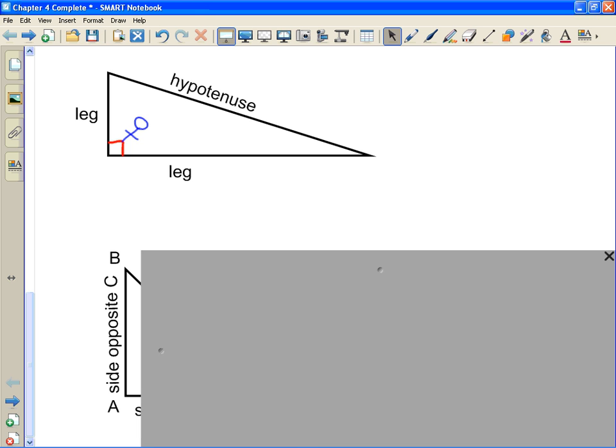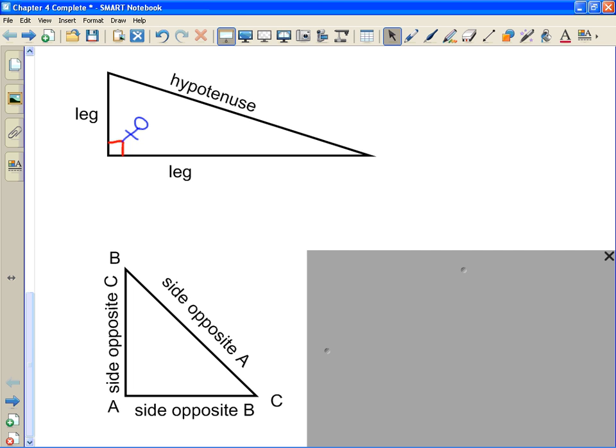If we're just talking about a general triangle and we want to describe its sides in relation to its angles, we're going to use the phrase the side opposite whatever angle. So if I look at B here, this would be the side that's opposite B. Okay, it's the side that's not touching angle B. Okay, here's the side that's opposite angle C. Here's the side that's opposite angle A. So that's another way you can describe sides.